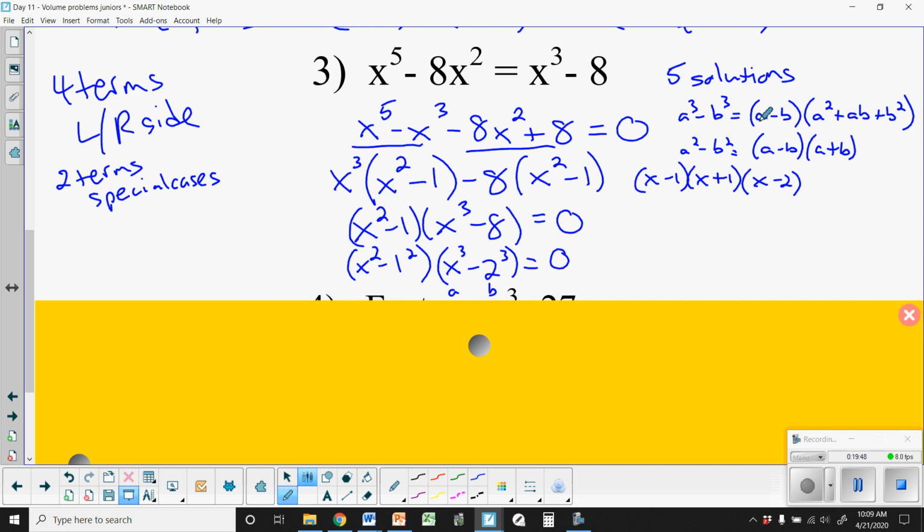We plug an x in for the a's and a 2 in for the b's. All right, so now we're going to have x squared, 2 times x, I'm sorry, x times 2 will be 2x. And then 2 squared is 4. All right, so we can see already 3 solutions here.